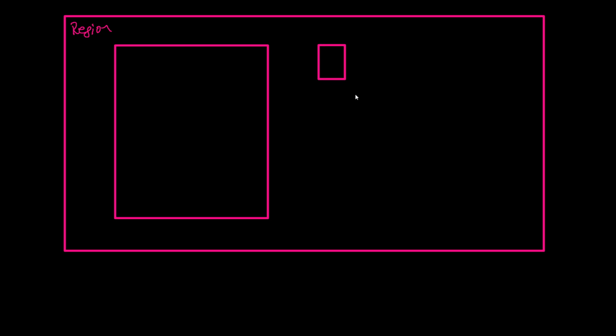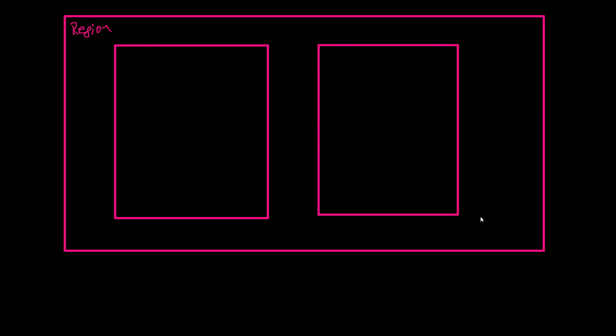Let me again go to the blackboard. So if you remember, we have a concept of AWS region, this is my region. Second, here we have the availability zone concept. For the sake of simplicity, I am only creating two availability zones, but obviously you could have more if need be.